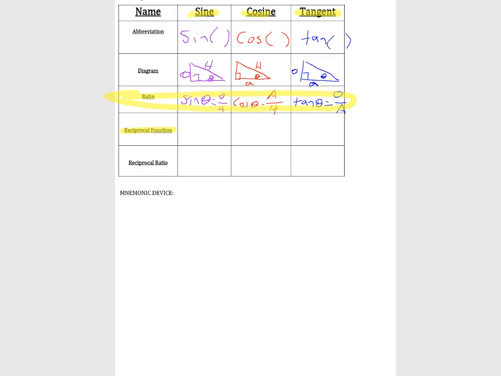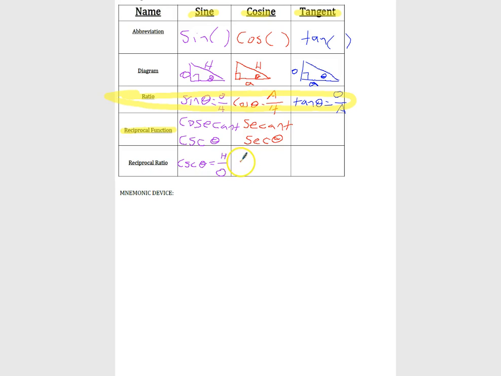The reciprocal of sine we call cosecant, and we abbreviate that csc of theta. Since it's just the reciprocal of sine, it is going to be the hypotenuse over the opposite. The reciprocal of cosine is secant, abbreviated sec.